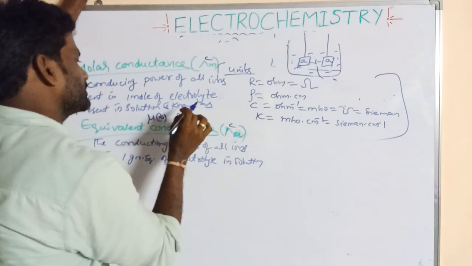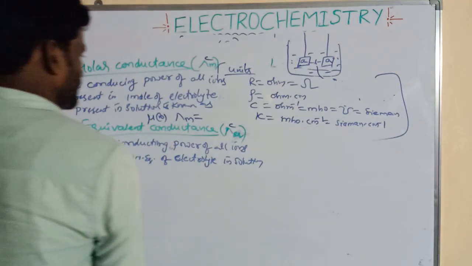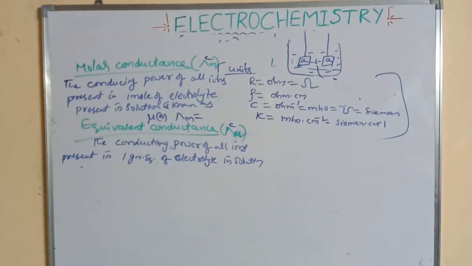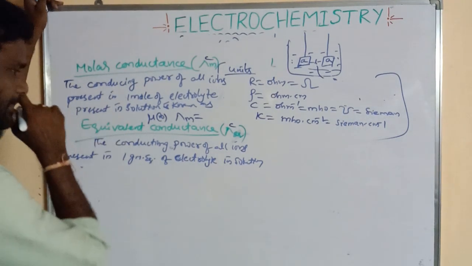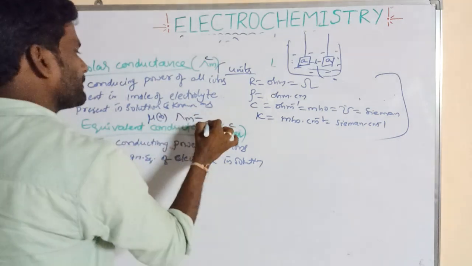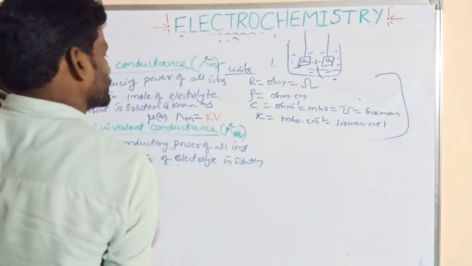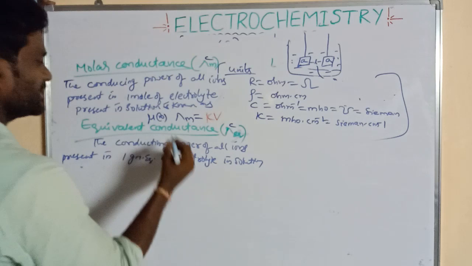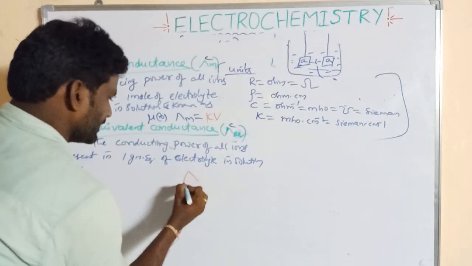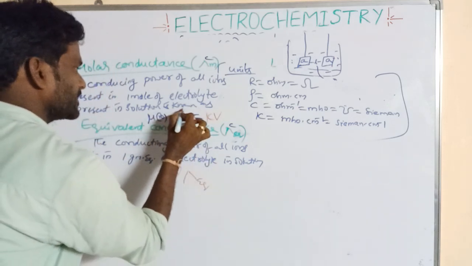Lambda m is equal to kappa into V. This is one formula. And similarly here, the equivalent conductance at concentration C.